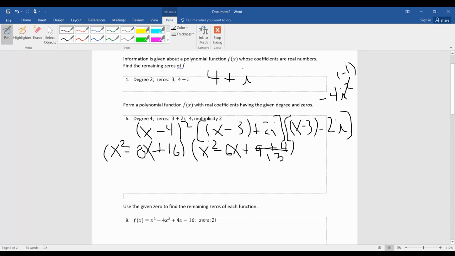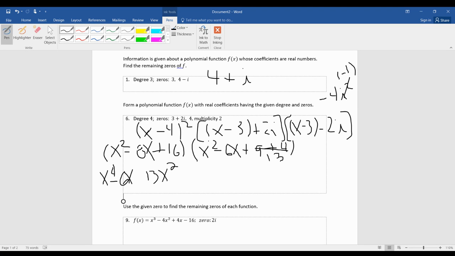x squared times x squared, x to the 4th. I think I'm going to run out of room here. x squared times negative 6x is minus 6x cubed. x squared times 13 is plus 13x squared. I'm going to fix this plus sign because it's a little bit goofy.